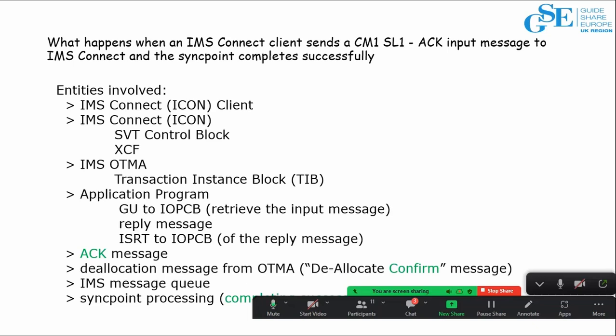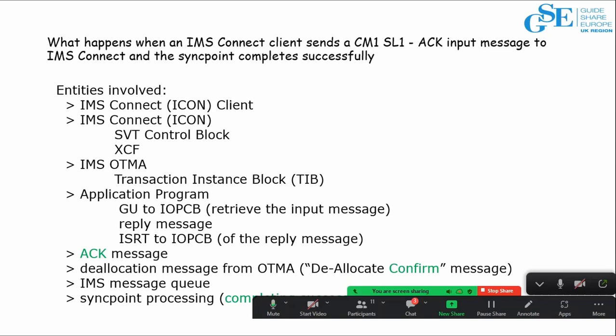So if a persistent socket was being used for this entire workflow, then IMS Connect will still keep the connection open and it will not free the SVT control block. Right? So the next time another CM1 SL1 input message comes in, the SVT control block need not be reallocated again.